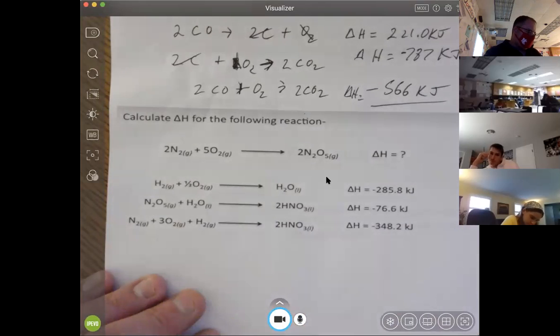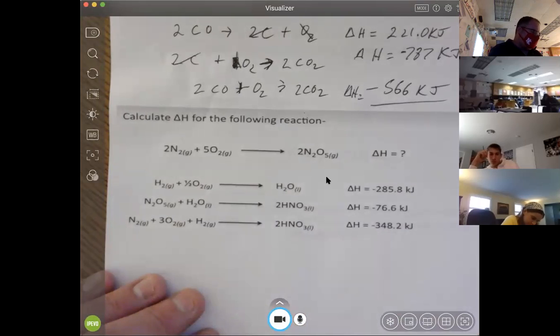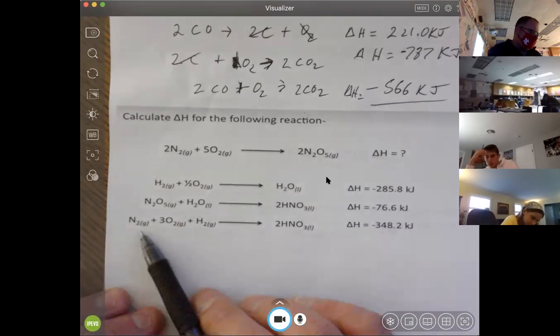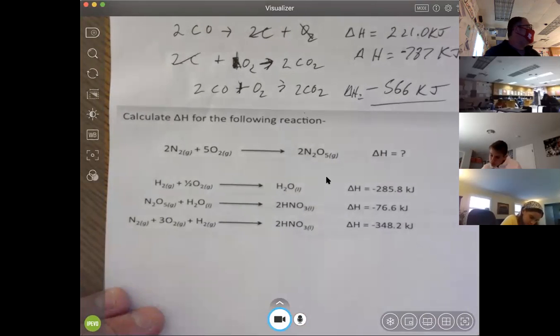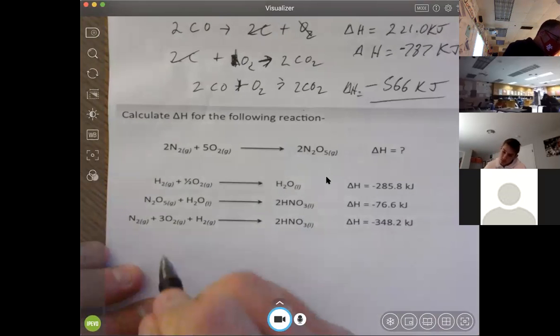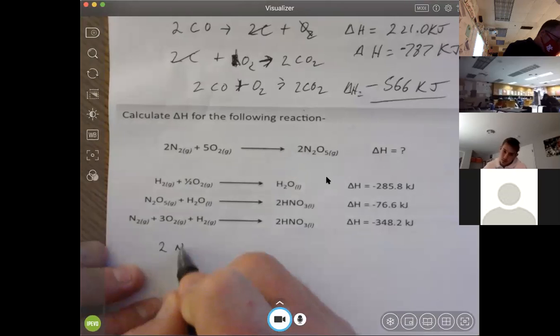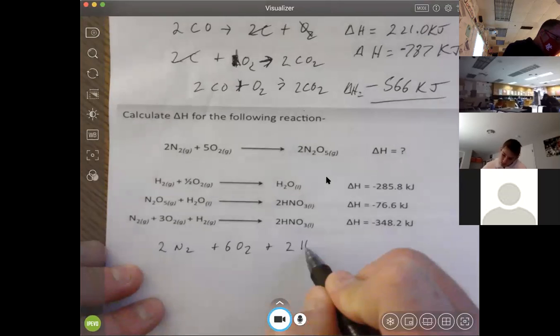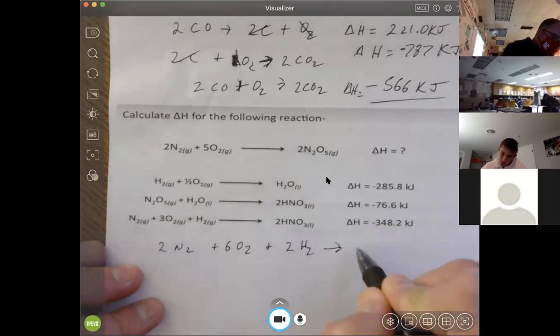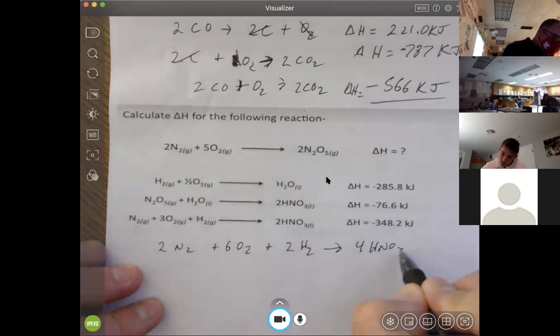Right? So what do we have here? I see N2 on the reactant side, and I see 2N2 on the reactant side of our equation. So what can we do to the bottom one? Multiply it by 2. Multiply it by 2 is correct. Good job. So 2N2 plus 6O2 plus 2H2 yields 4HNO3.